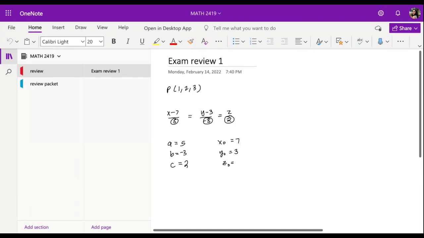So do you guys remember the equation where you have x minus x naught over a equals y minus y naught over b equals z minus z naught over c? And all of that you can convert into parametrics. Anyone recall that?